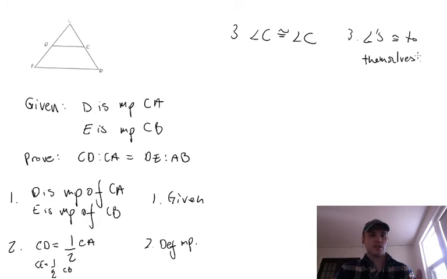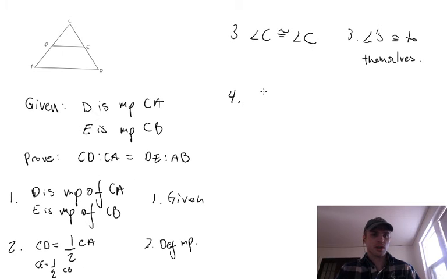We're trying to say that the triangle DCE is similar to ACB, so that we can get the ratio of those sides. And so I think this is everything we need for side angle side.